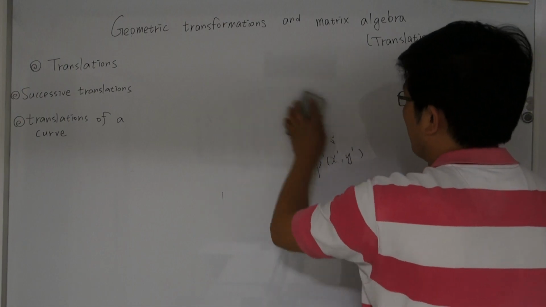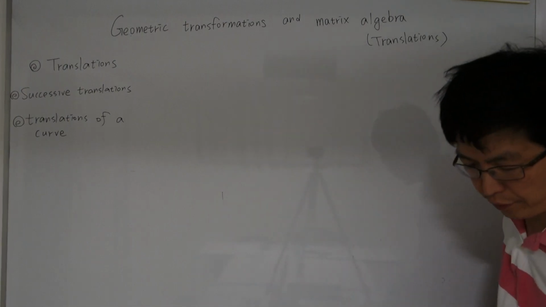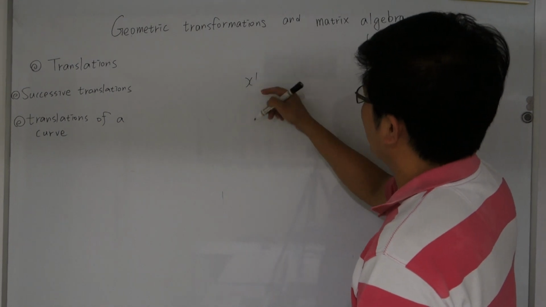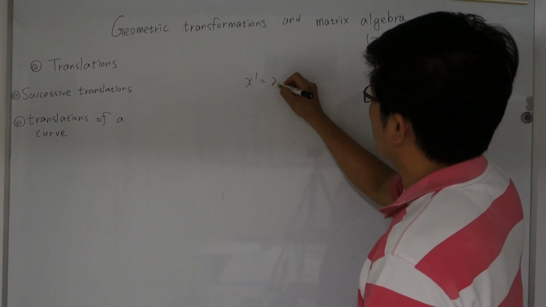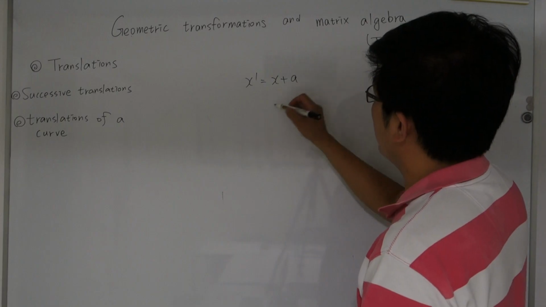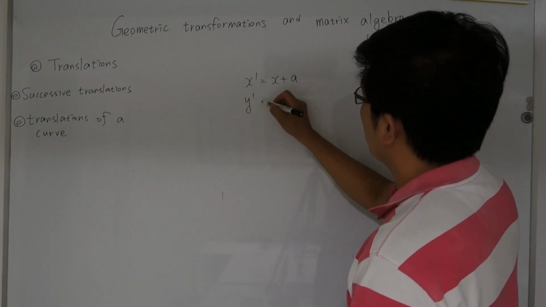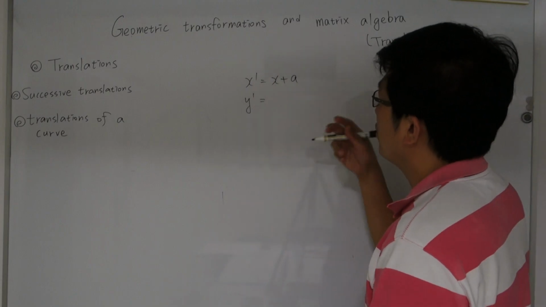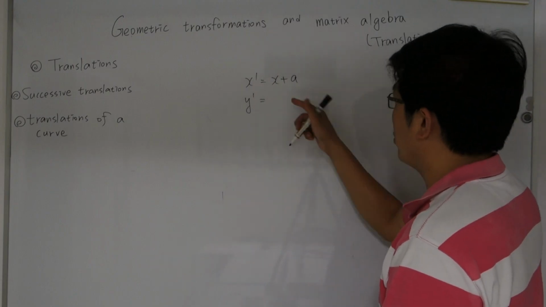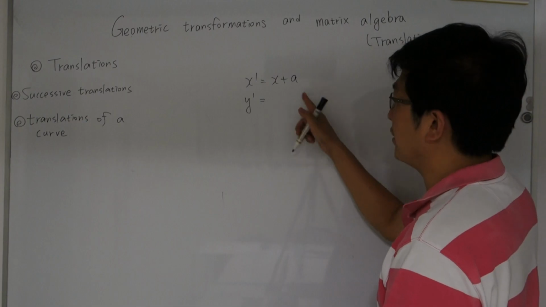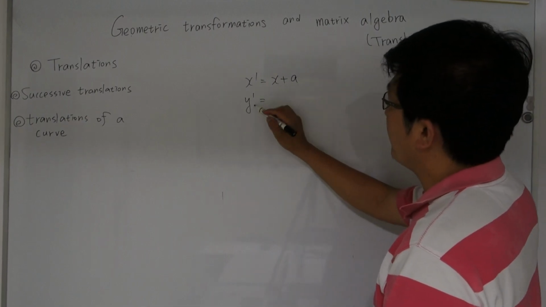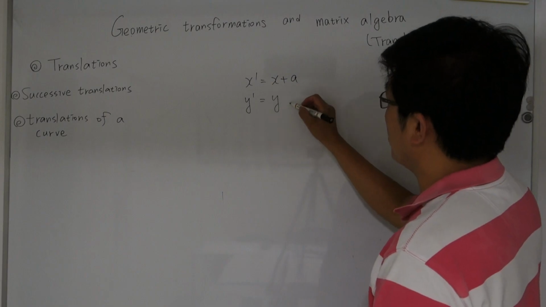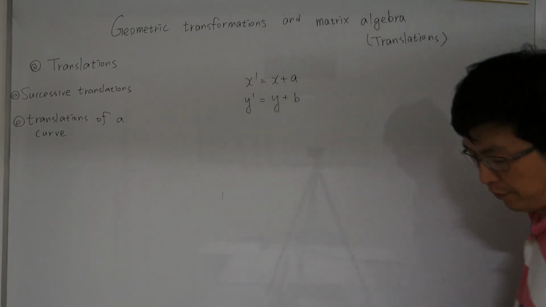Therefore, for translation, we can say it like this. The new x coordinate equals the original x plus a constant, and the new y coordinate equals the original y plus a constant, right?